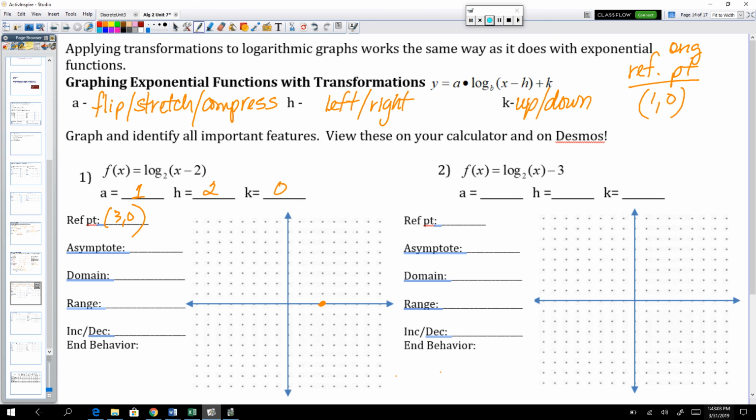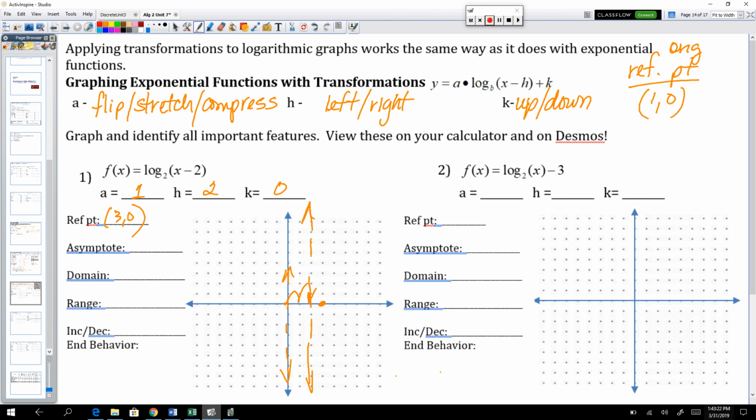Now our asymptote on the parent graph is right along here. It's x equals 0. The A value doesn't do any stretching or compressing. The H value moves it 2 to the right.